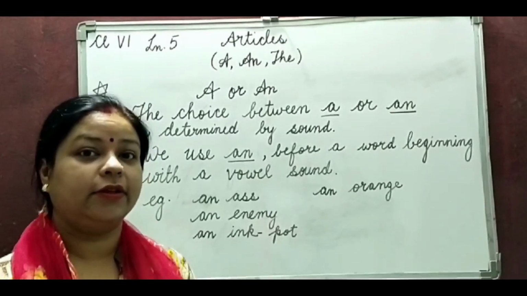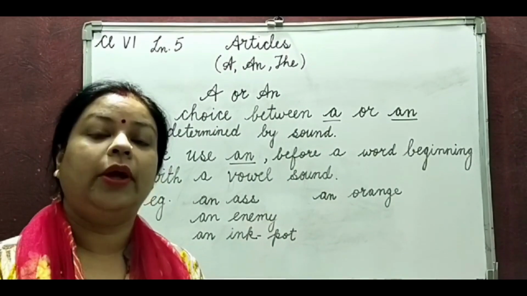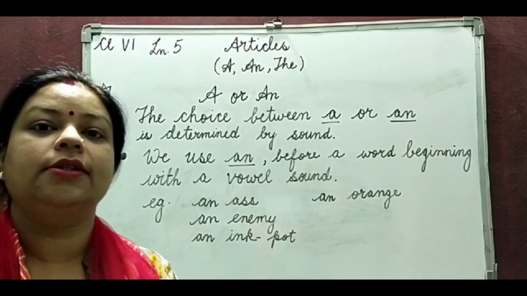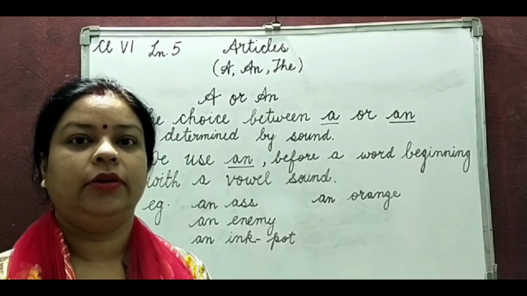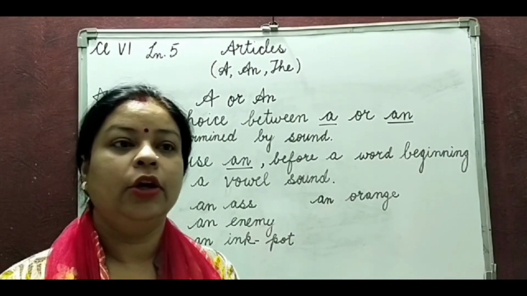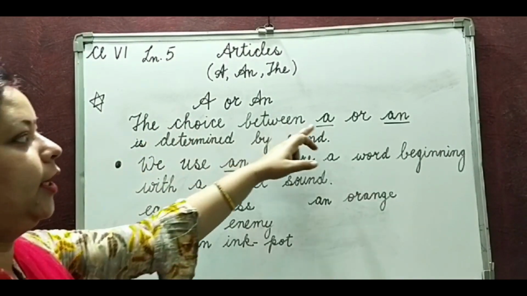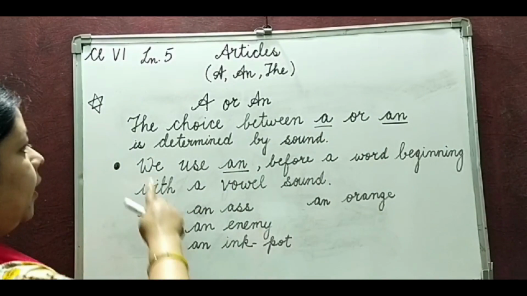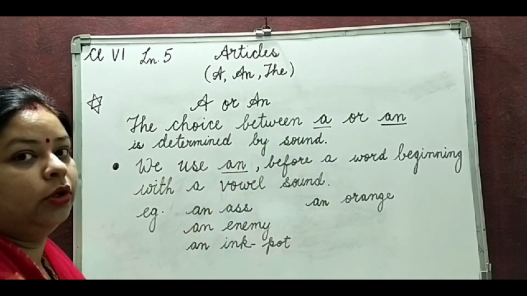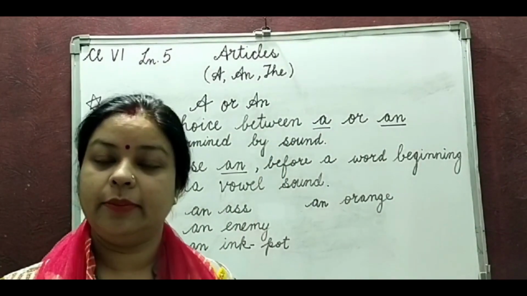Let us see here, children, how and where we use articles a and an. Starting with a and an, you can see here on the whiteboard written that the choice between a or an is determined by sound. So what is important to keep in mind?